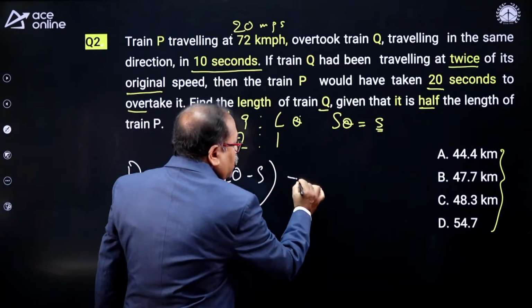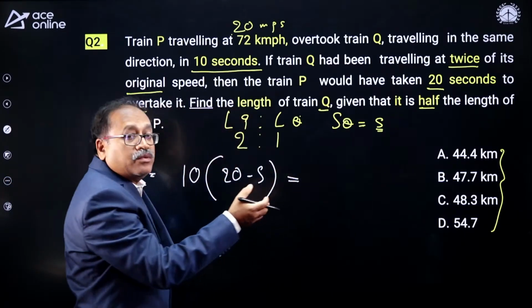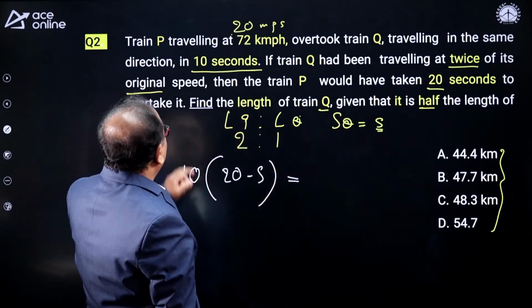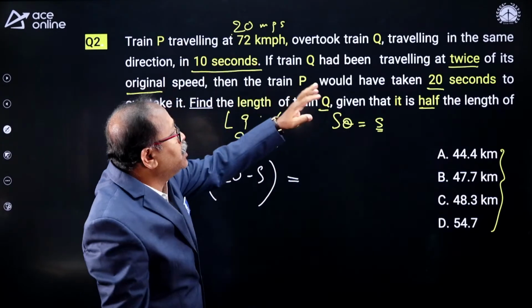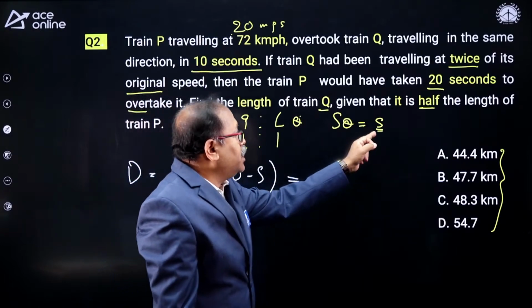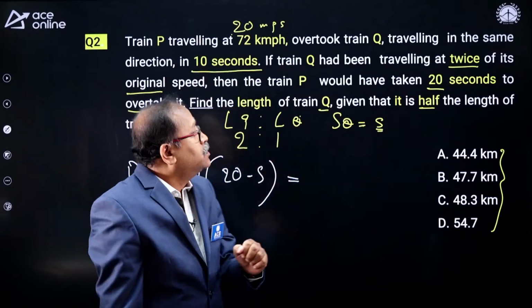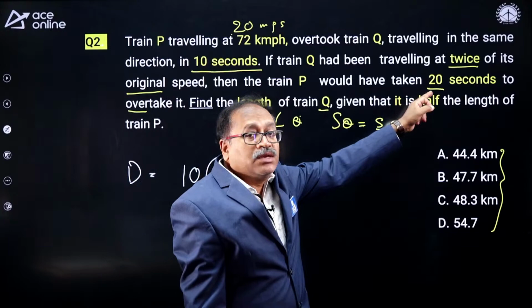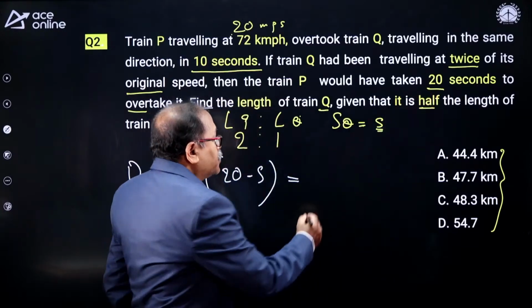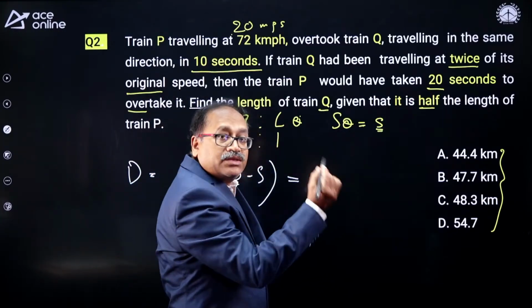And for the same distance, in another case it is given that if the speed of Q is double, that means if S becomes 2S, in that case the time taken is 20 seconds. So time into relative speed is distance.